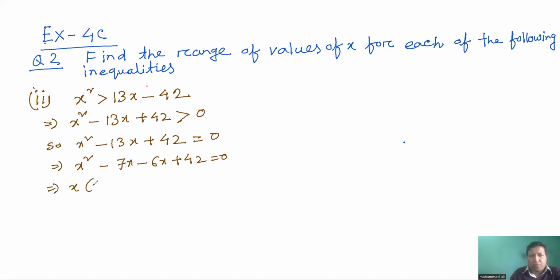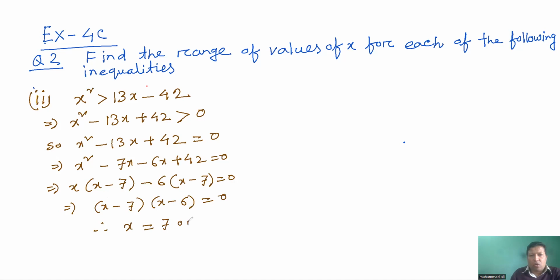Take x common, so x minus 7, take 6 common, x minus 7 equals to 0. So finally x minus 7, x minus 6 equals to 0. Therefore, x equals to 7 or x equals to 6.